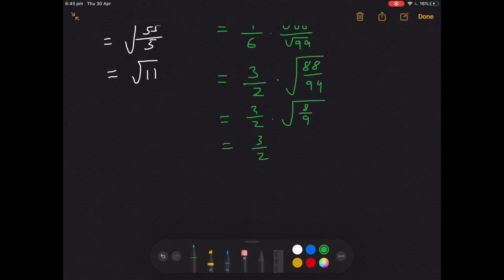We can split the surd back up like this. Root 8 is going to become 2 root 2 using our simplification method from last time. Root 9 is going to become 3.